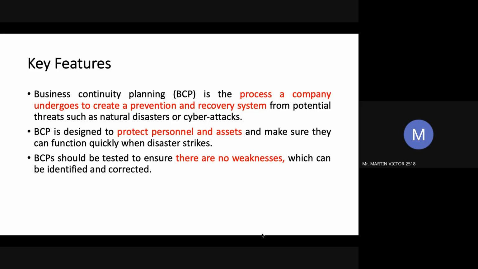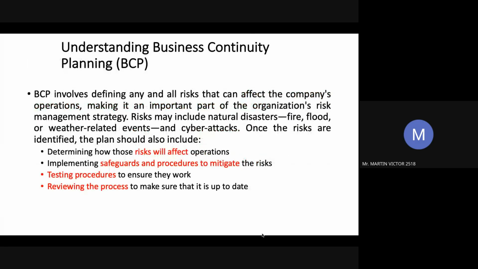This is the process a company undergoes to create a prevention and recovery system from potential threats, such as a natural disaster or cyber attacks. BCP is designed to protect personnel and assets and make sure they can function quickly when disaster strikes. BCPs should also be tested to ensure any weaknesses are identified and corrected.